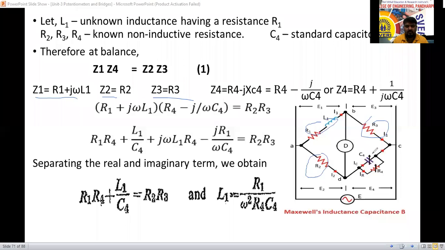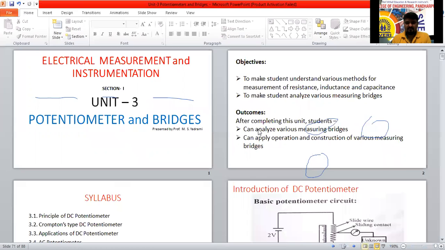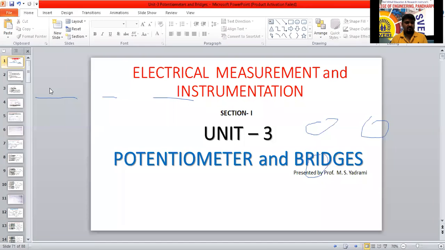But Z4, which diagram have I taken? That is the wrong diagram. Look, nobody is saying anything, you all sat quietly. Is this diagram correct? Whatever I have taken, where did it go? Just a minute. While taking the copy of that, it has been erased. I don't know, it went.